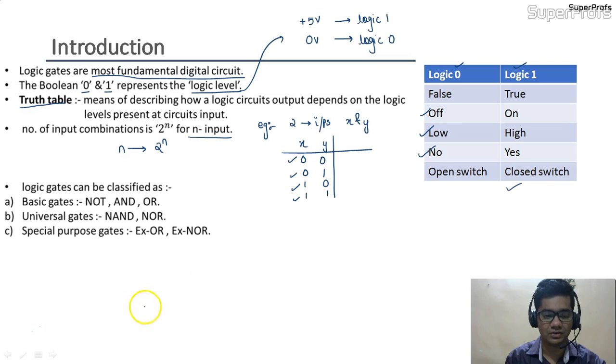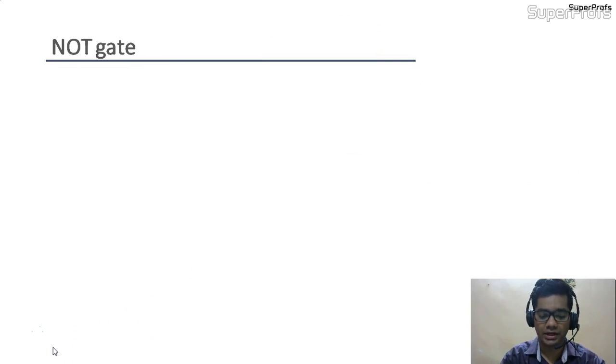Now first we will start with NOT gate. So what is NOT gate? First of all, we should understand what is NOT gate and what would be the output of a NOT gate. Before starting with a NOT gate, we should know what is buffer.